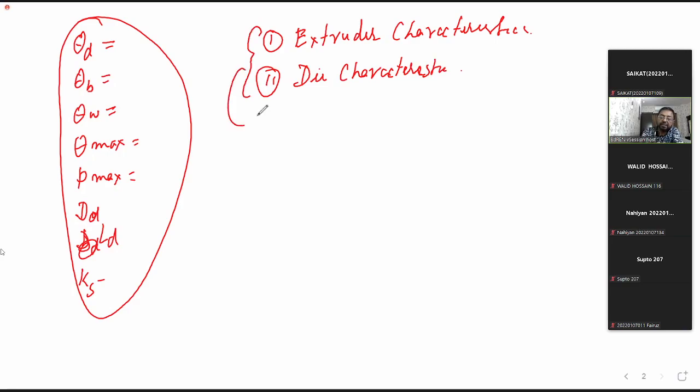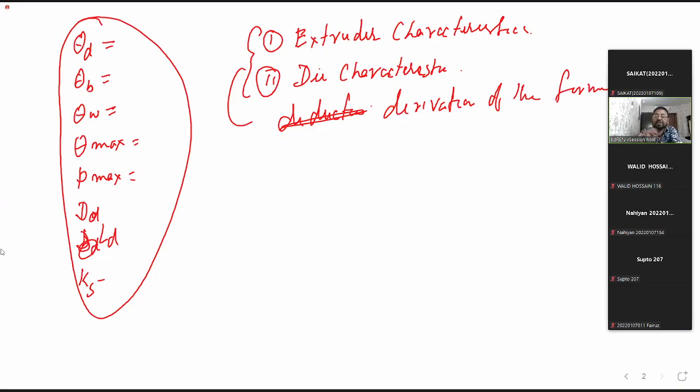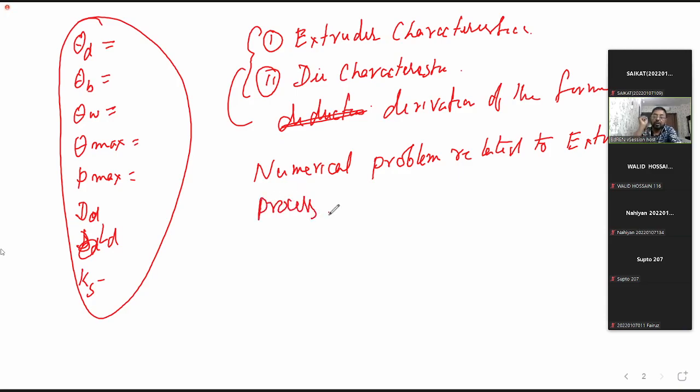We shall study the derivation of the formula for these characteristics, and also we shall solve some numerical problems related to the extrusion process. Okay, so that is what we are going to study today.